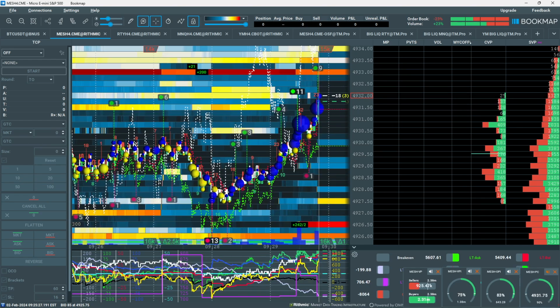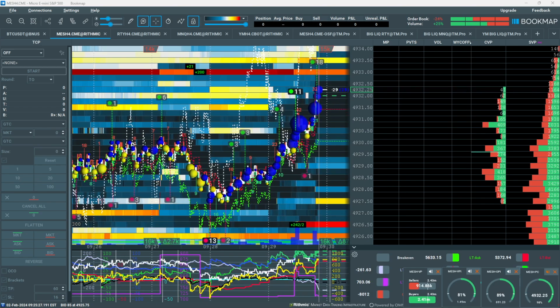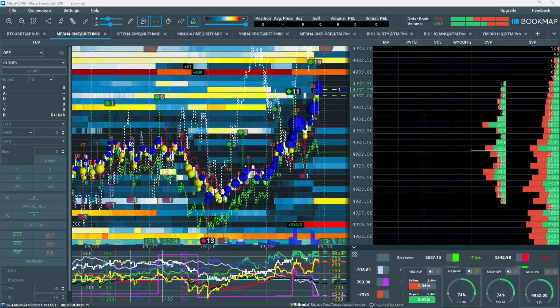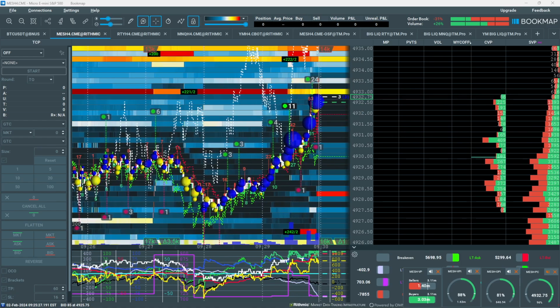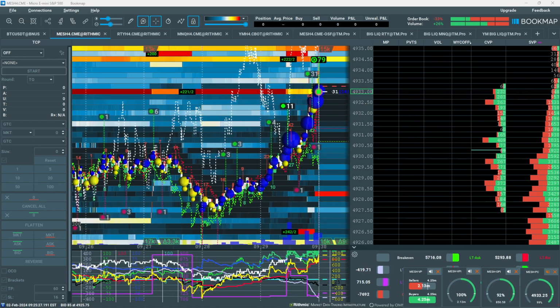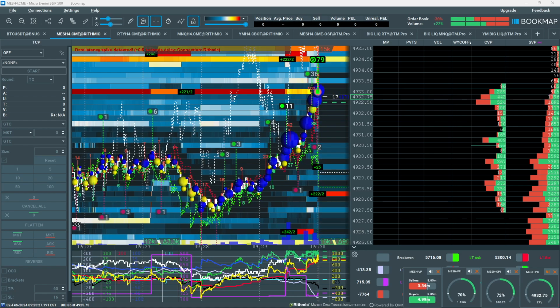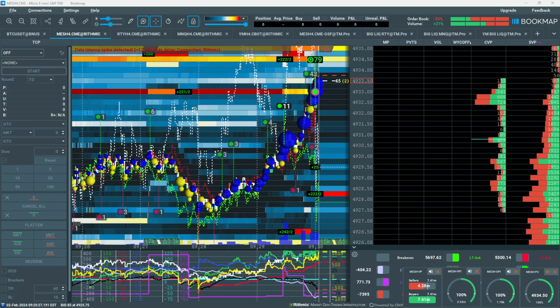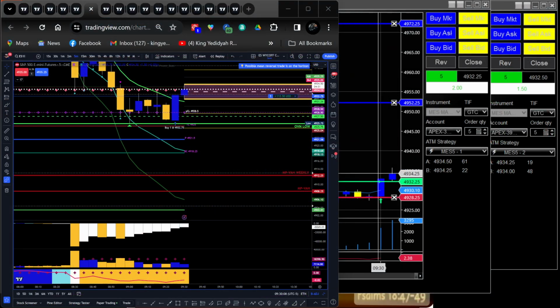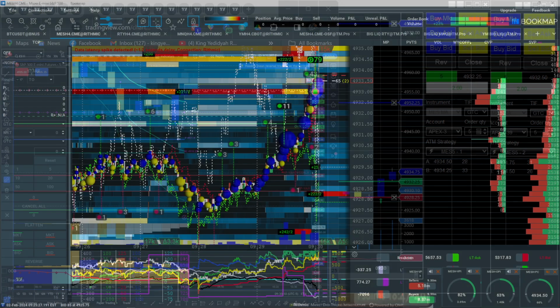RTY stop run. Absorption buyers NQ. RTY stop I'm run. taking an entry right there. Yes, order book imbalance 40%. Absorption buyers NQ. Sweep NQ. Absorption buyers ES. Absorption sellers NQ. ES order book imbalance 40%. Absorption buyers ES.